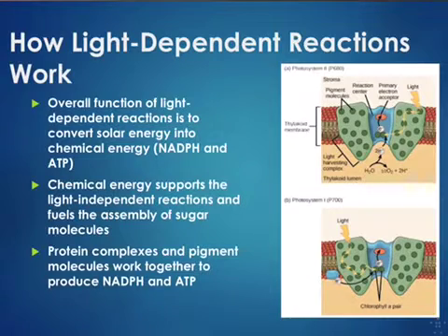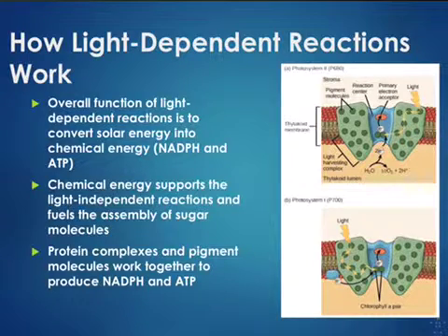All right, so now we finally get to look at how the light-dependent reactions work. Overall, their goal is to take solar energy and convert it into chemical energy in the form of NADPH and ATP. That chemical energy then supports the light-independent reactions and fuels the assembly of sugar molecules.